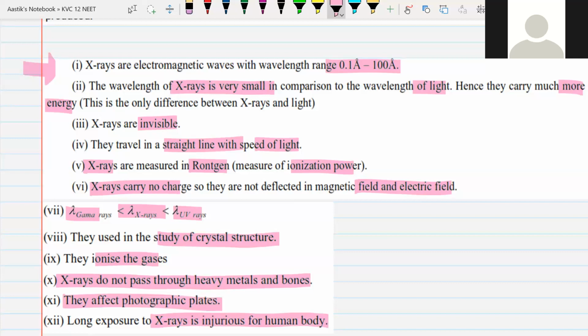Noted down, beta? Done, sir. Okay. Then you move on to the next properties.